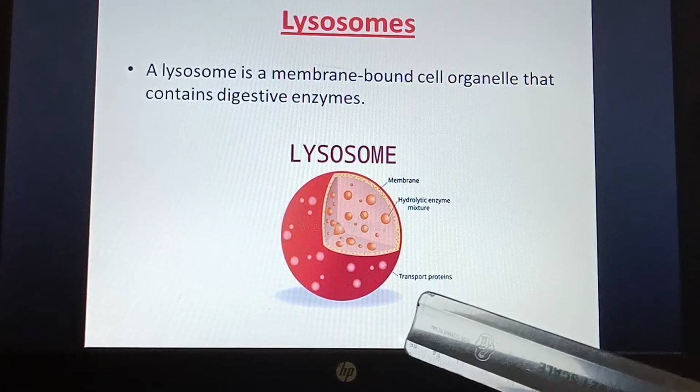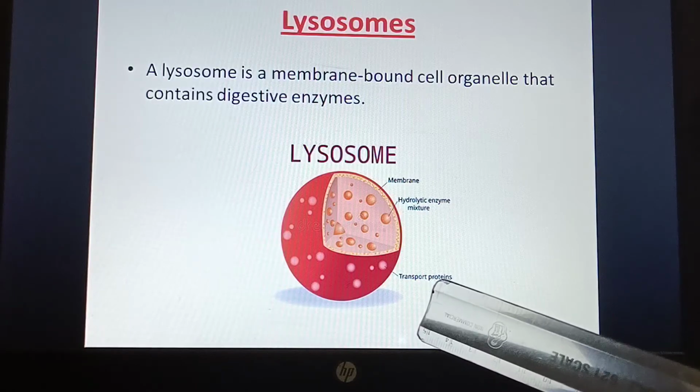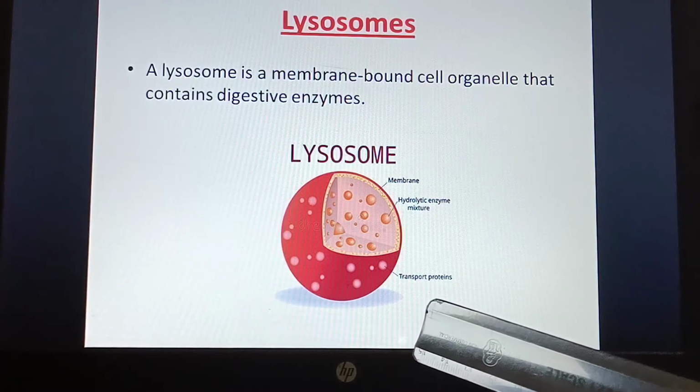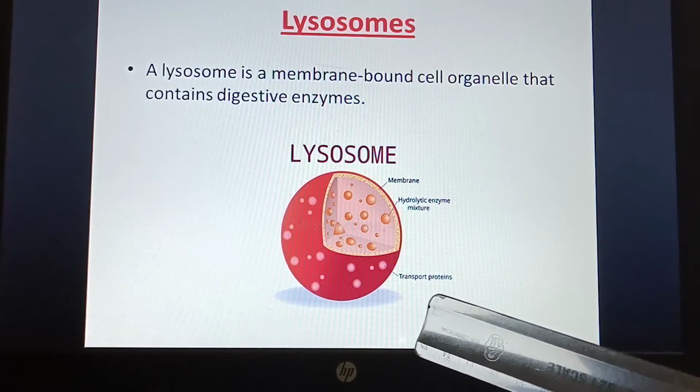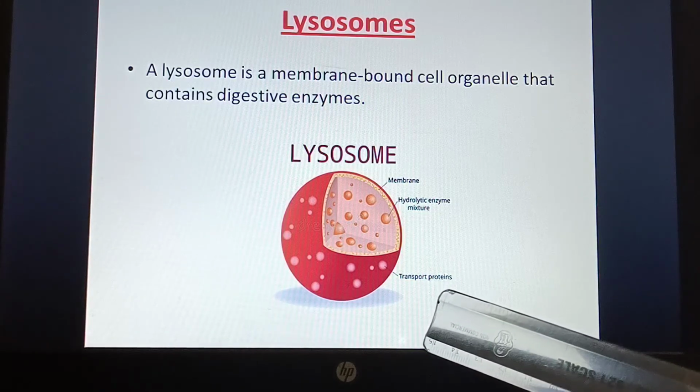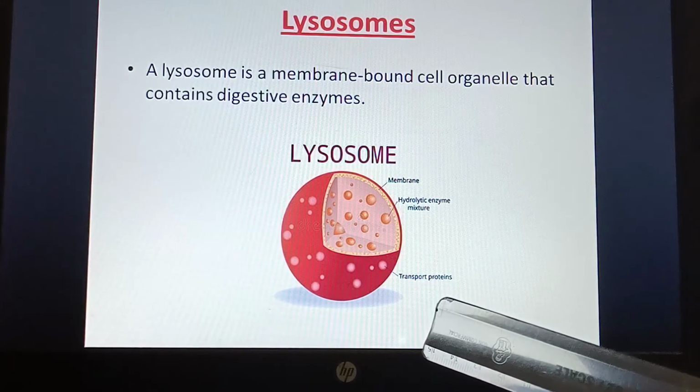Think, for example, mitochondria is not working well. So what do the lysosomes do? They will go and digest it. For example, the cell is damaged and it cannot be repaired.